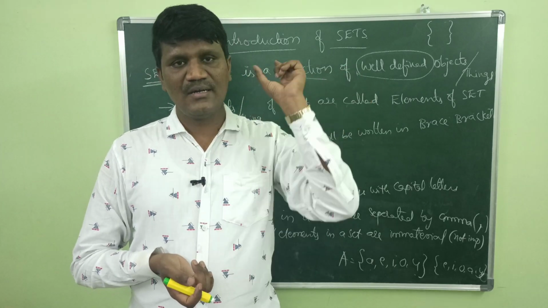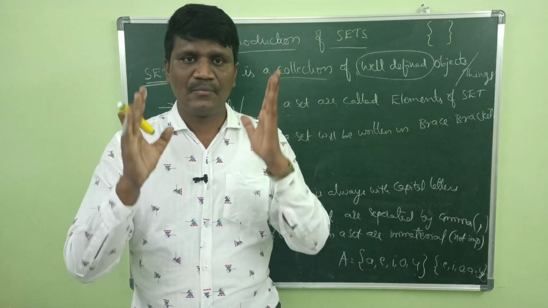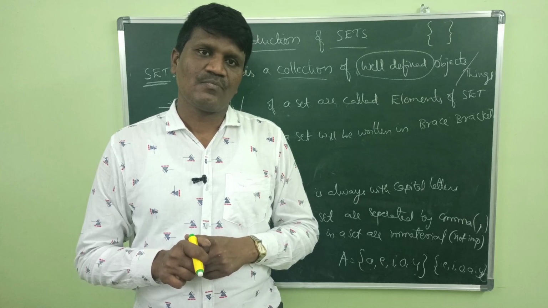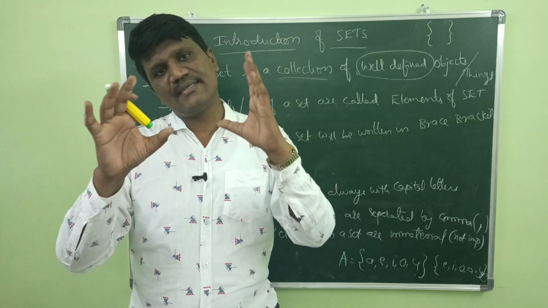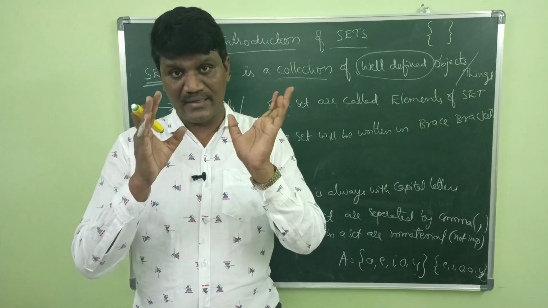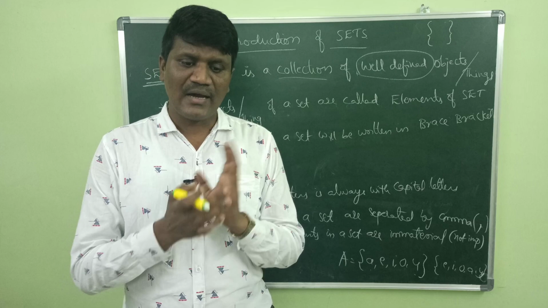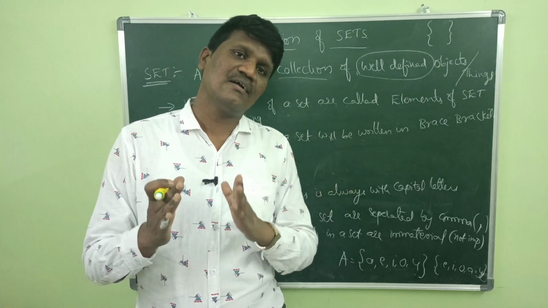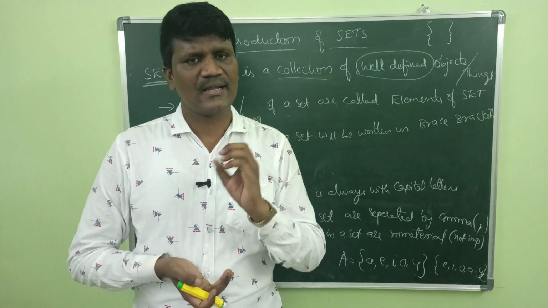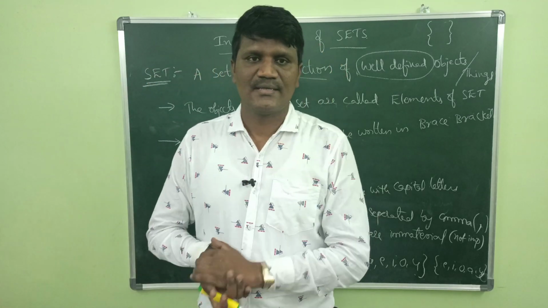The objects are called elements of a set. Always the elements we write in brace brackets, the name of the set we denote with capital letters, the elements are separated by commas, and the order of the elements does not matter. Okay, so this is the basic introduction to sets.